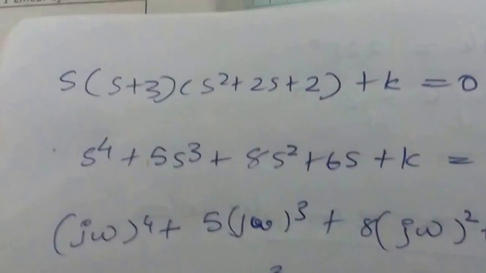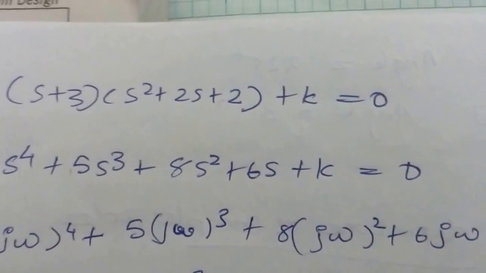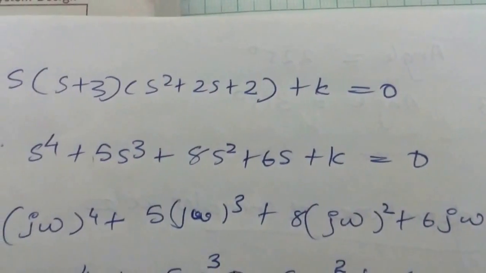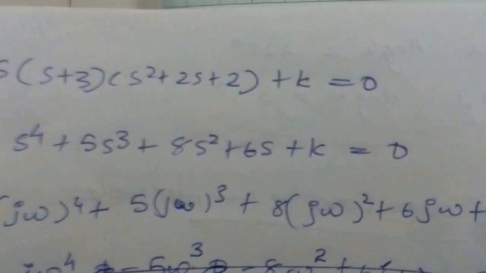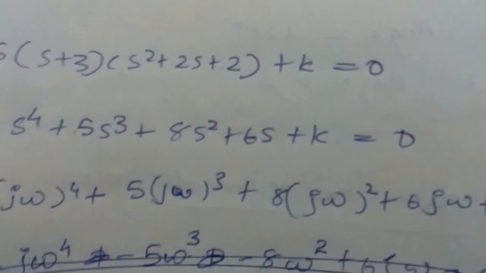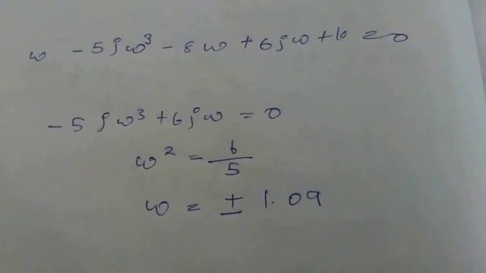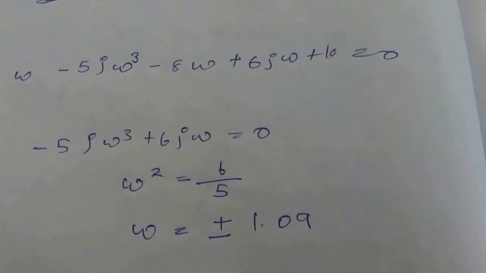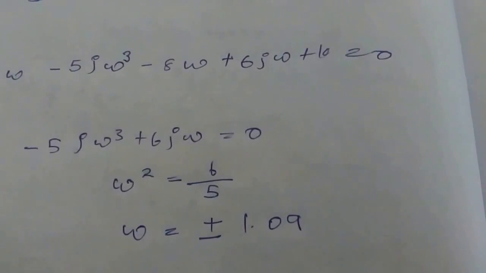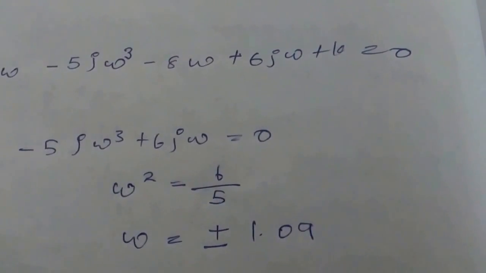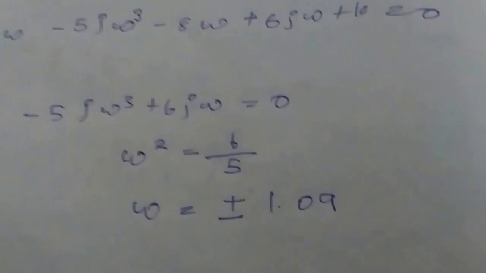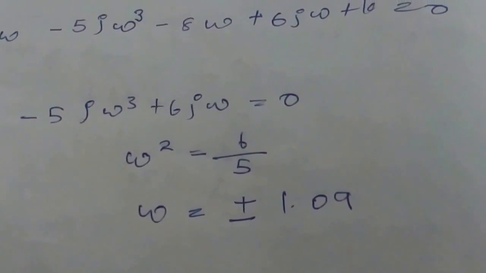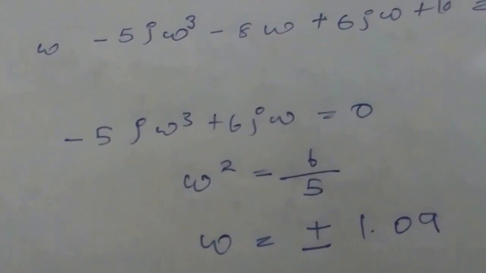We consider the characteristic equation and substitute j omega for s in the equation, like this: j omega raised to 4, 5 j omega raised to 3, and so on. Solving the equation, we equate the imaginary part of the equation with 0, and we get the value of omega, that is plus or minus 1.09, and that is the imaginary axis crossing point.